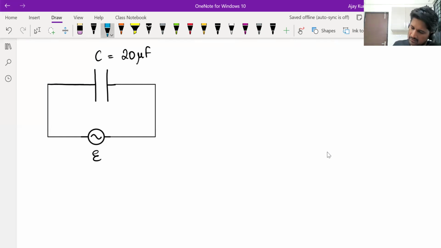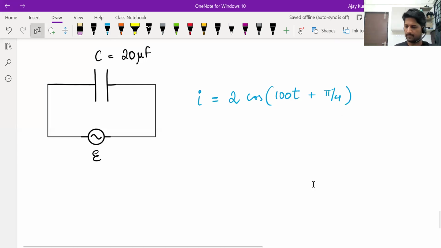And we see that the current through the capacitor is, let's say, 2 cos 100t plus pi by 4. No need to include pi with omega, let's not include any pi. Current equation is given to you. You can see the peak value and all.